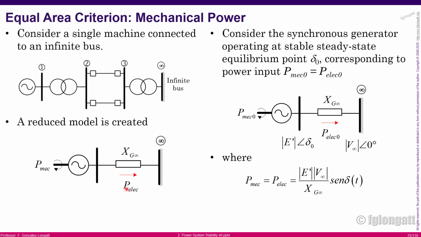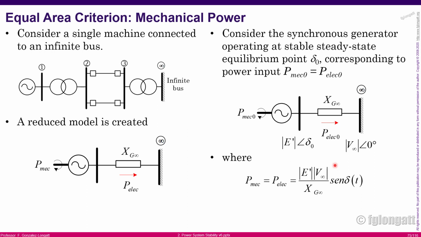My students will be able to calculate the reactance interconnecting the generator and the infinity bus bar. Here you can see the equation defining the electrical power that is provided by the generator and arriving at the infinite bus bar.